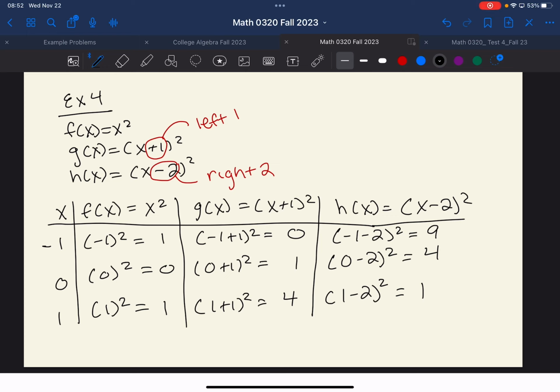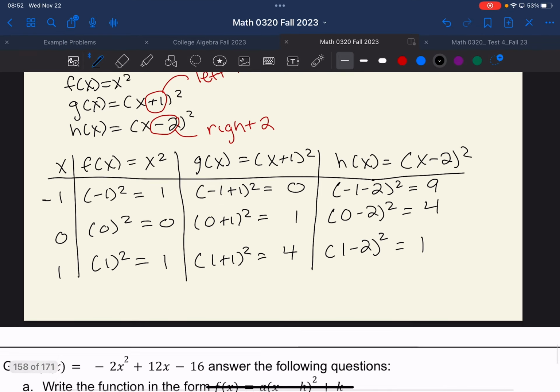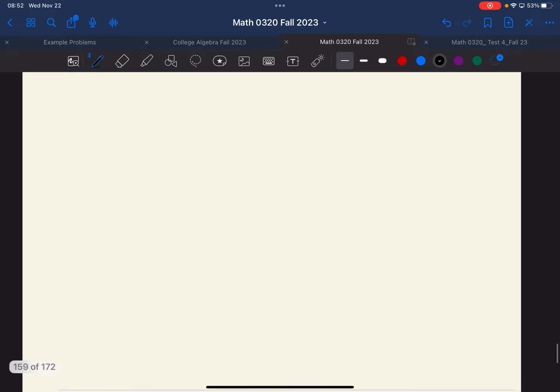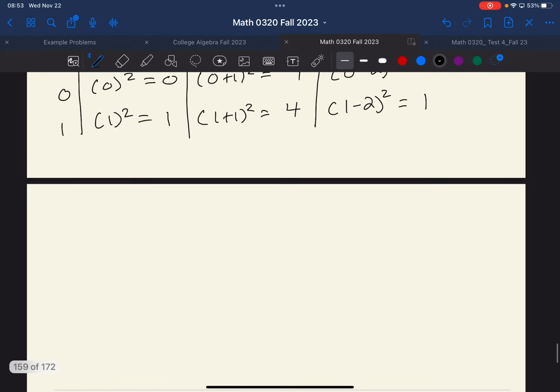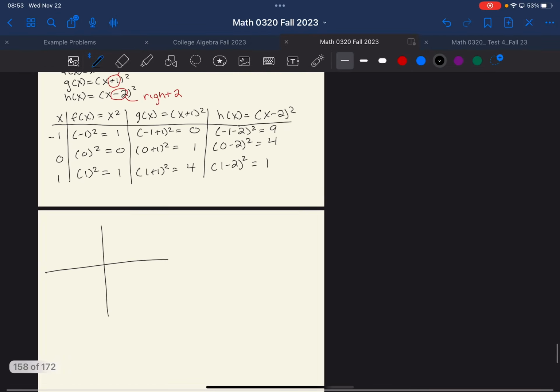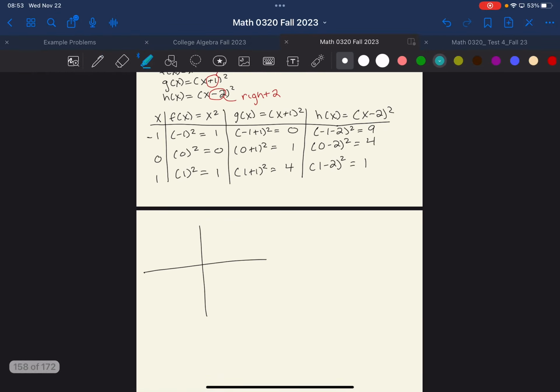So from here, I'm going to go ahead and graph these points. Okay, and I'm just going to, again, highlight them so I know on my graph which one is which function.